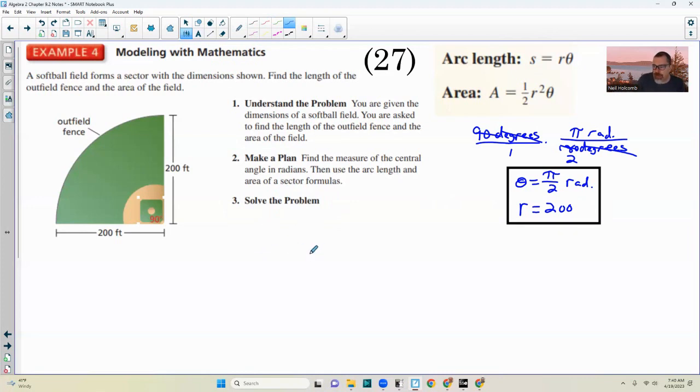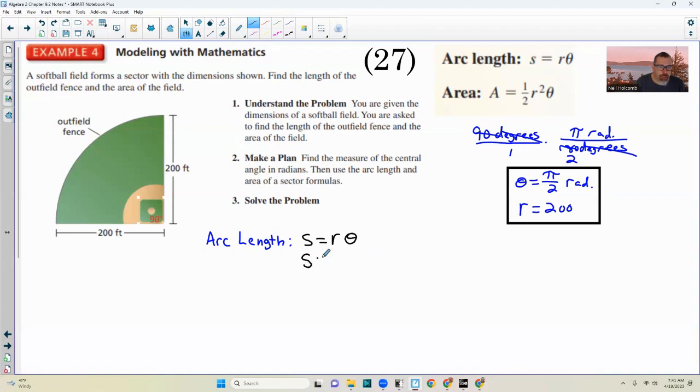So we have pi over 2 radians. Arc length, we're going to find that first. They asked for the arc length, the length of the outfield fence. Let's just say arc length S. We represent that as S equals r theta.